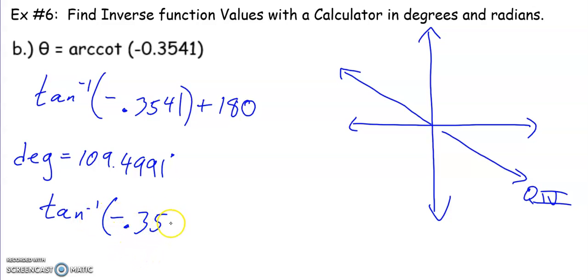Arc tangent of -0.3541, but since we're in radians, we're not going to add 180. We are going to add pi. And that gives us 1.9111 radians. Okay, so be careful. Arc cotangent exists in different quadrants than tangent does.